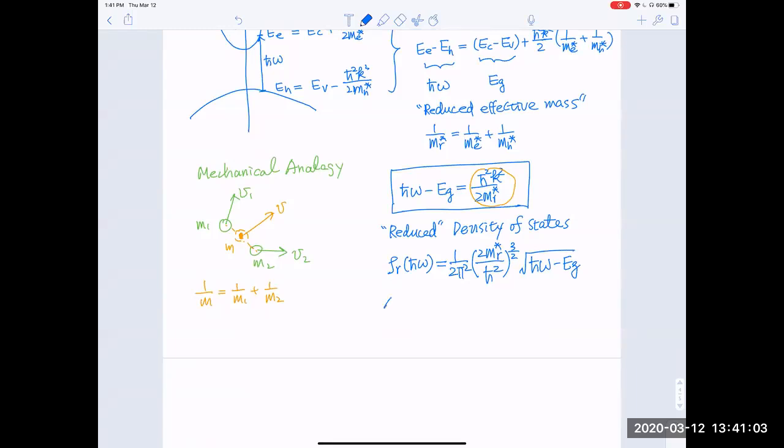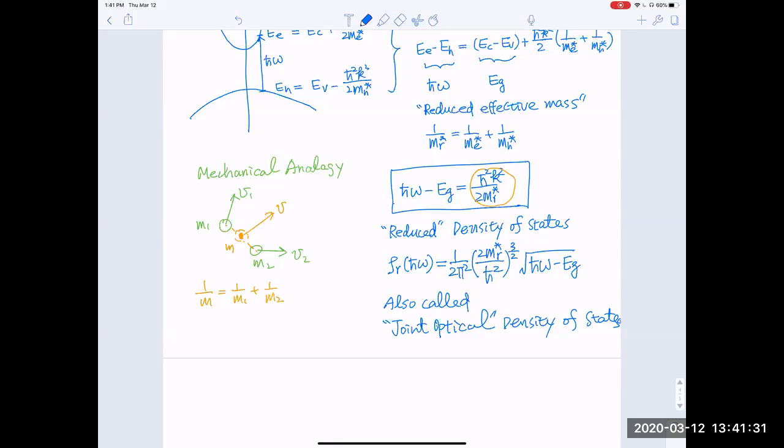Sometimes you will also see this called the joint optical density of states. But this name is both good and bad.